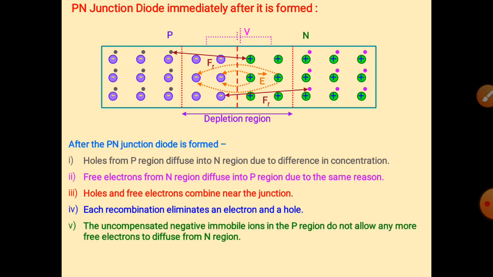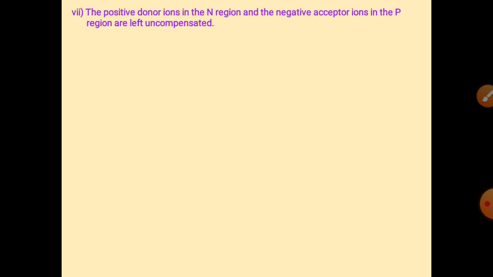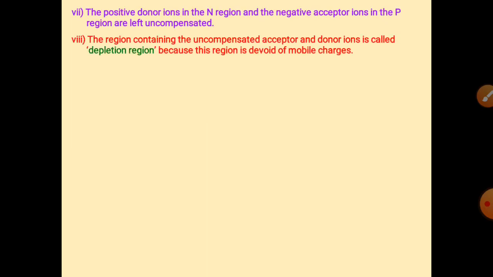Uncompensated negative immobile ions in the P region do not allow any more free electrons to diffuse from the N region. So that is our PN junction diode. That region is called the depletion region, as I said earlier.